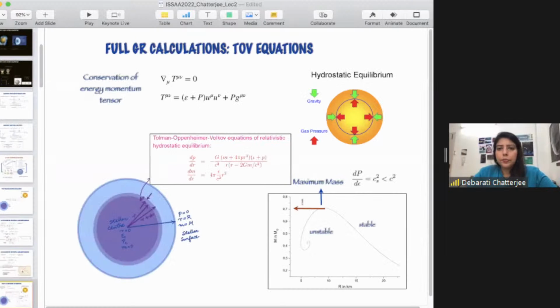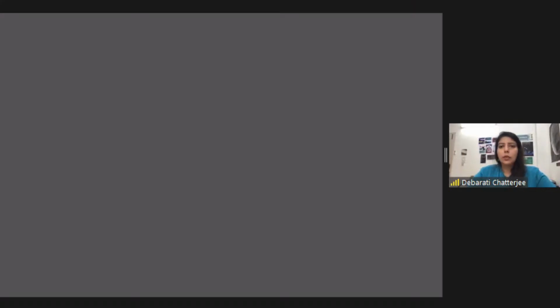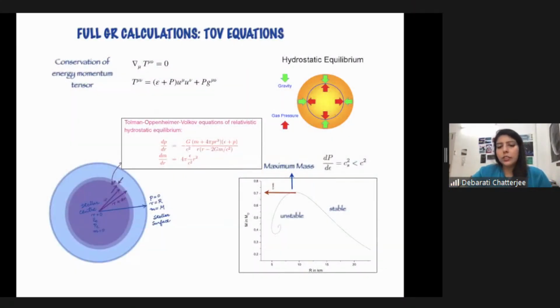So we can summarize what we find here in this bottom figure. So the mass and radius, if you plot them, you will see that for a free Fermi gas of neutrons, the mass only comes to 0.7 solar masses. Now, I think yesterday we already had a look at the list of masses that were measured for neutron stars.